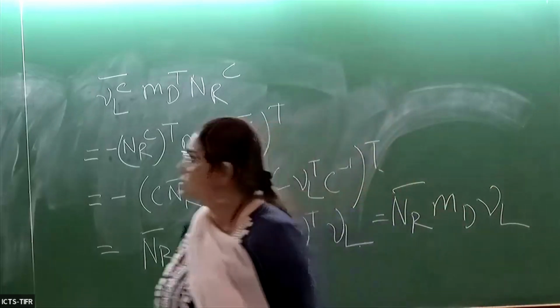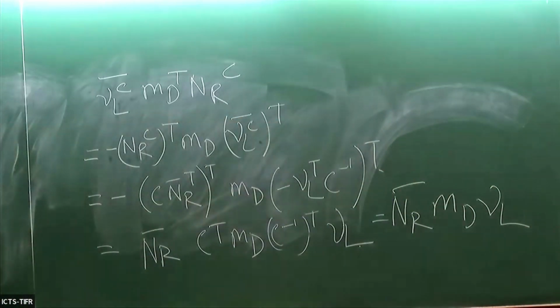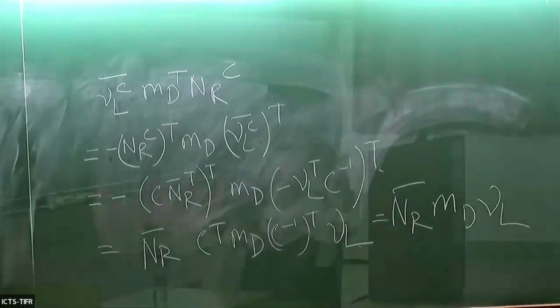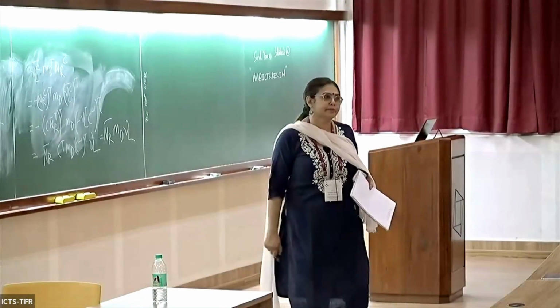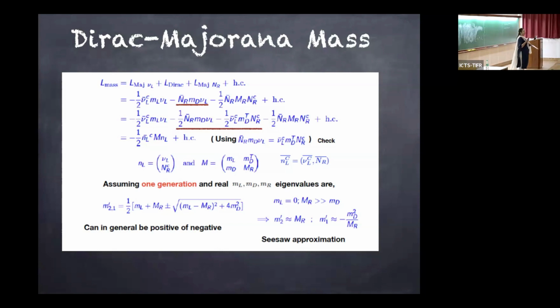So, this is a question we always ask whenever we are going for a thesis viva or something, that why this MD transpose is coming. So this is a very important question. You should always remember how you are writing this MD transpose, because eventually you want to write this in terms of this field NL, nu L, NRC and nu LC bar NR, and overall this is like a Majorana mass term.